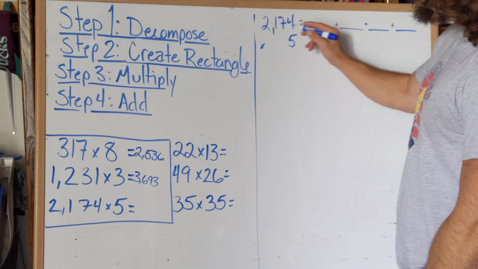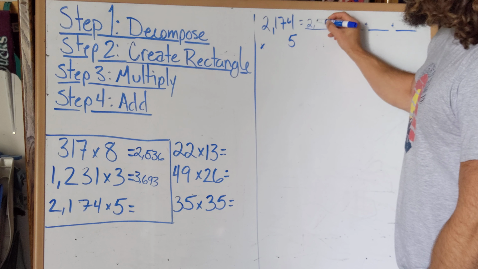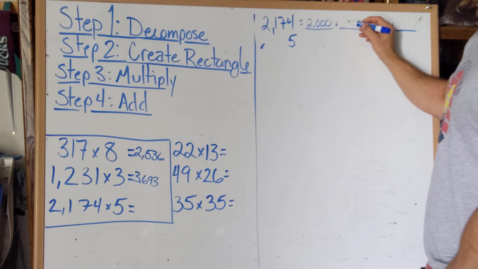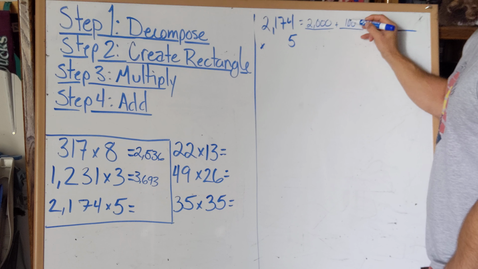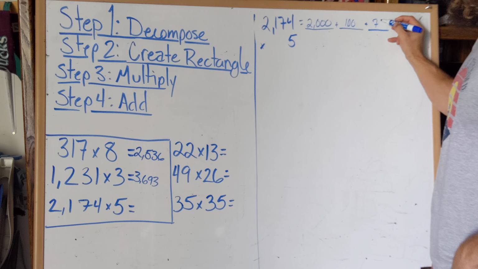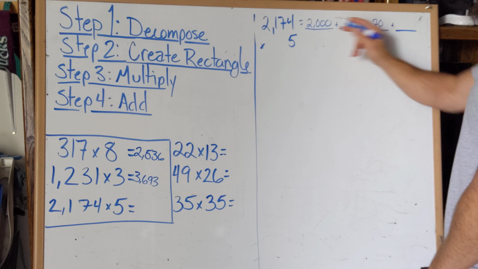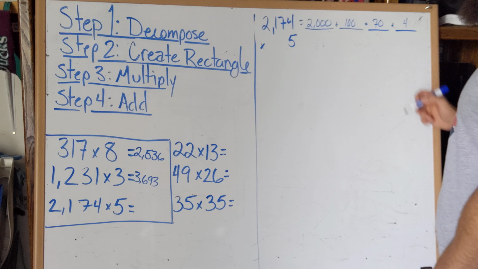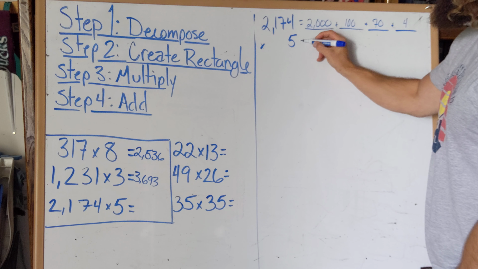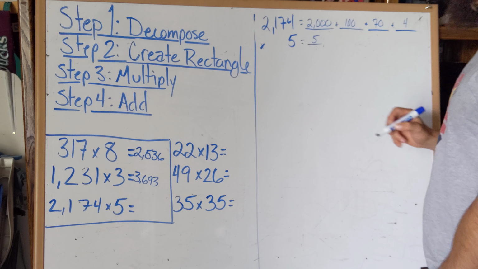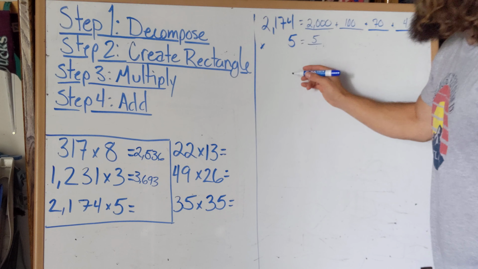2,174. There are 2 thousands. There are 100. There are 70 or 7 tens, and there are 4 ones, and then I have 5 ones right here. Again, I'm going to create my rectangle.